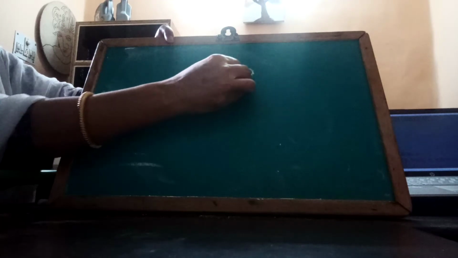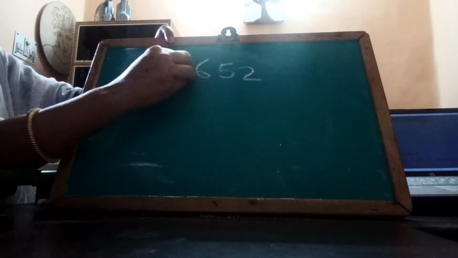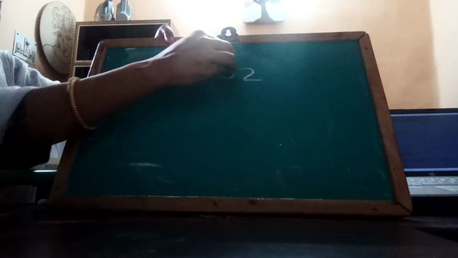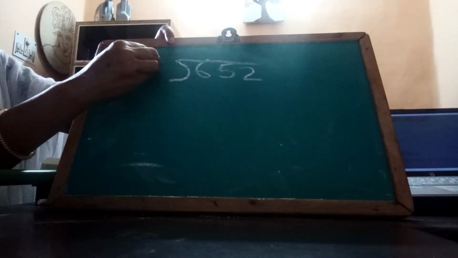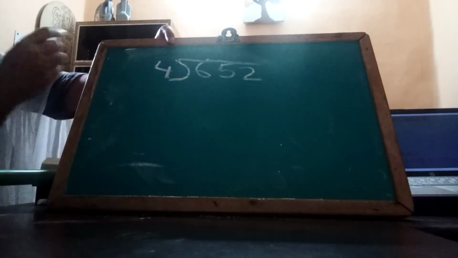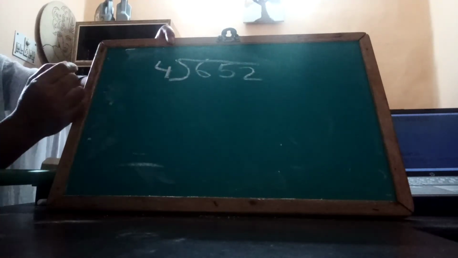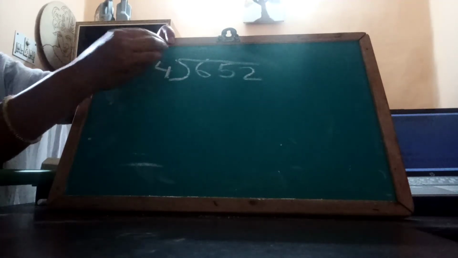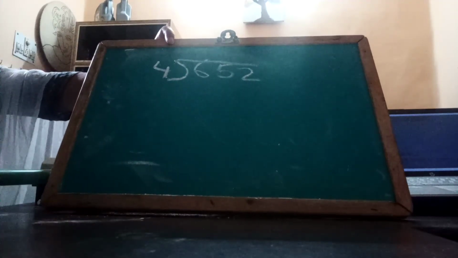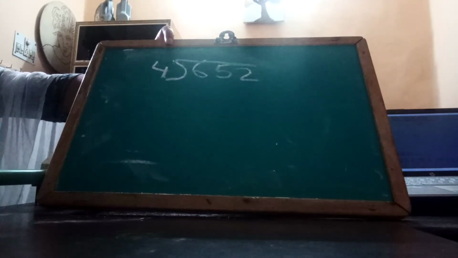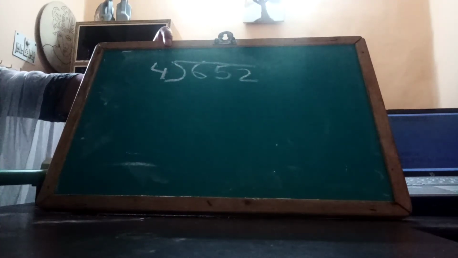652 divided by 4. Now you will start taking one digit at a time. 4 ones are for multiplication and division. If you do not know the multiplication tables, you will always make mistakes.